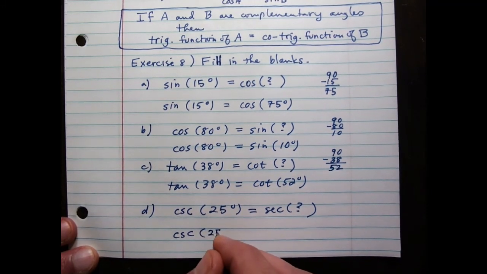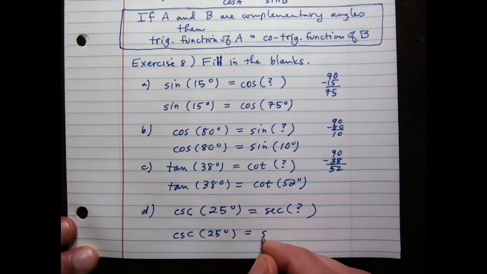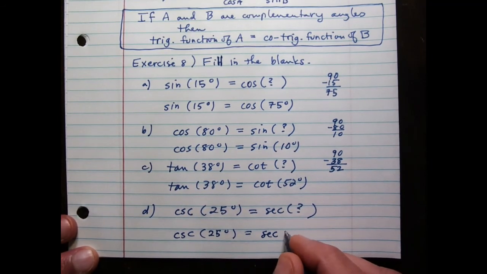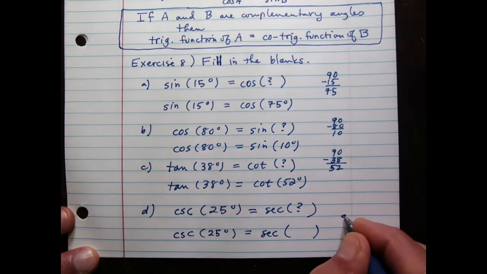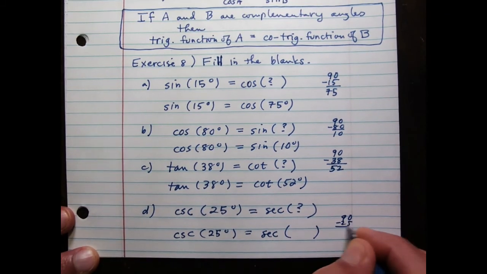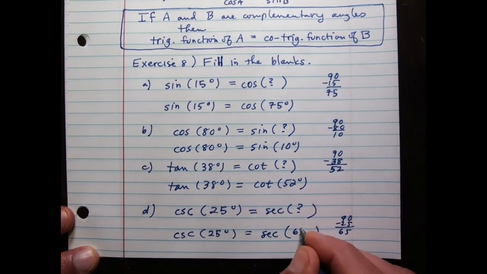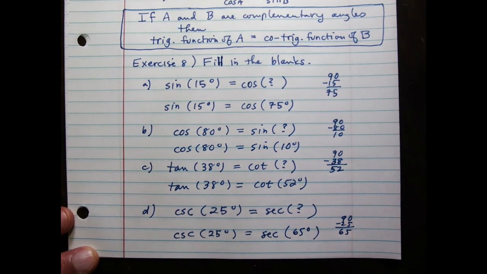Cosecant of 25 degrees is going to be the secant, so cosecant and secant are cotrig functions. 90 minus 25 is, I think, 65 degrees, right? And that's our relationship between trig functions and complementary angles.